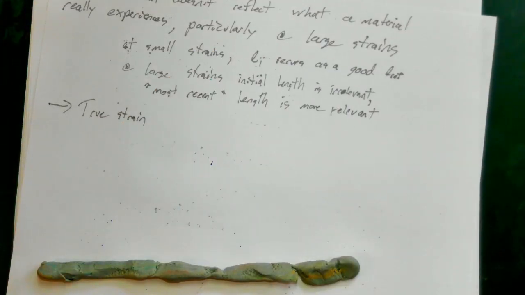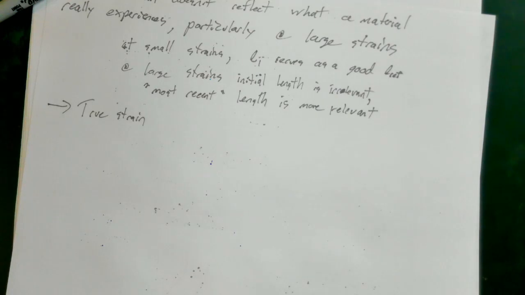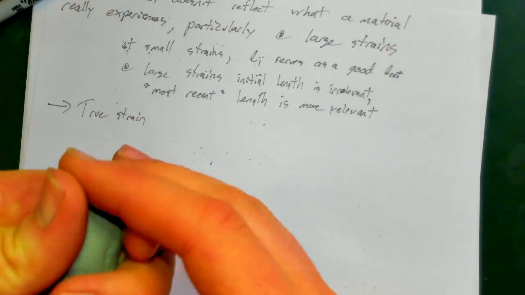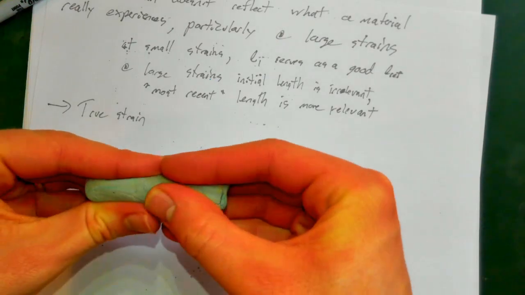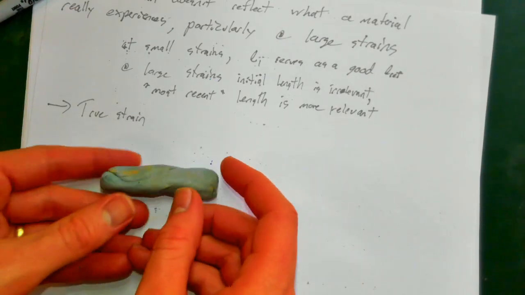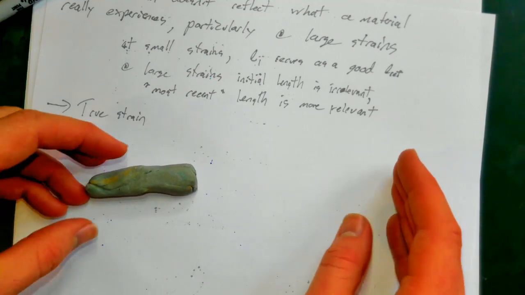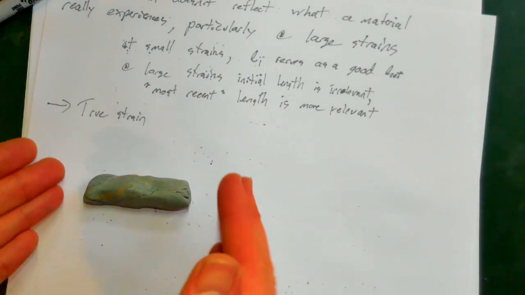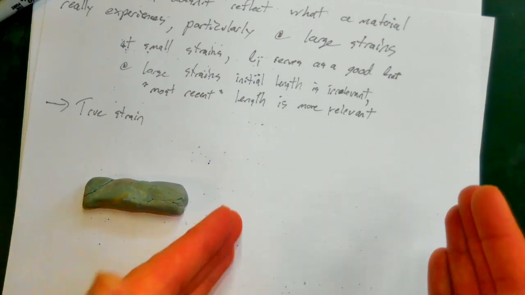When we think about true strain, we could say, I am going to take this material and start with its length here and stretch it all the way out here. In engineering strain, I would use the initial length to normalize that final change in length.